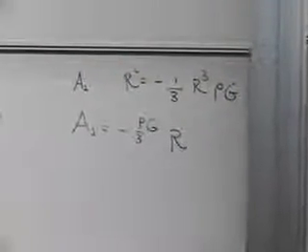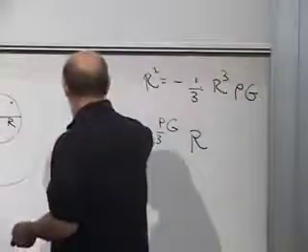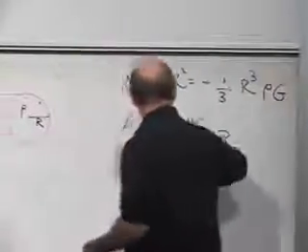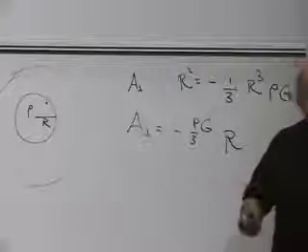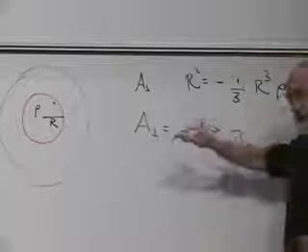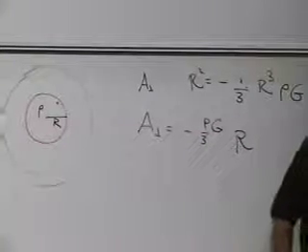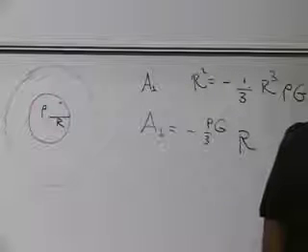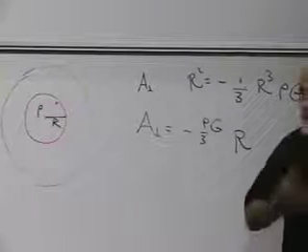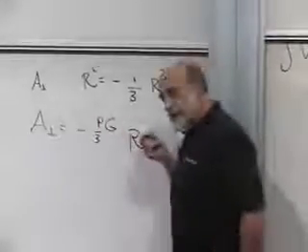So it's an acceleration, which means a force. If I were to multiply this acceleration by the mass of the test particle on both sides, then I would have the force on the test particle. The force on the test particle is toward the center, and it's proportional to the distance away from the center. There's a name for such a system. It's a harmonic oscillator. A force which is proportional to distance.